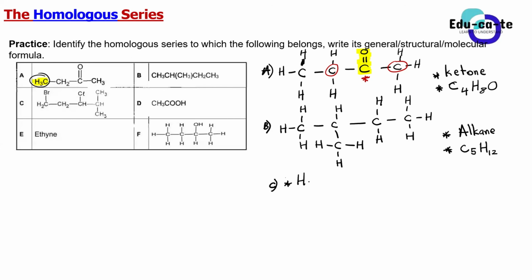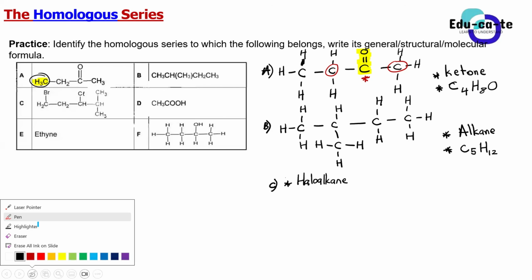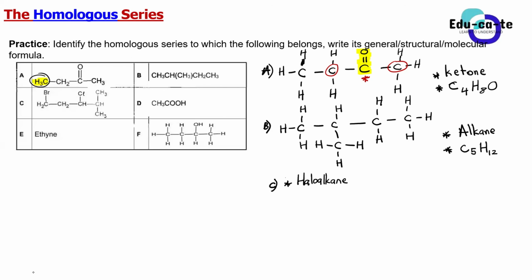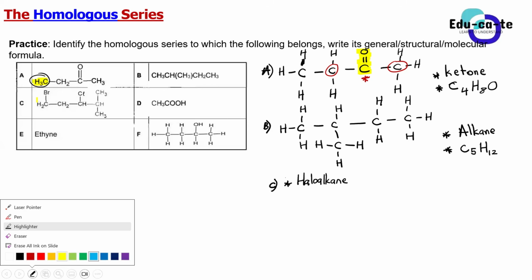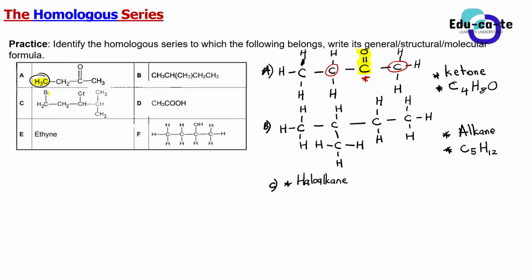What is the reason? We can see there are halogens here. Can you all see the halogens that we have here in compound C? Yes, there's a bromine, there's a chlorine there. So we've got 2 halogens there, so this is a haloalkane.